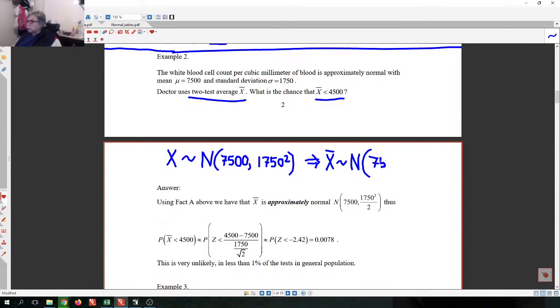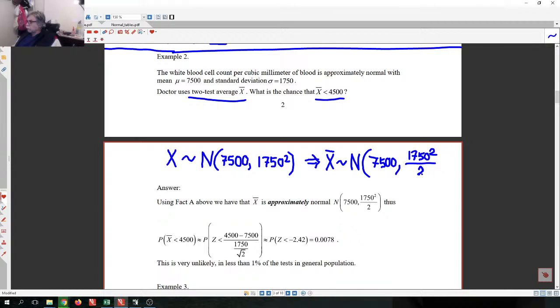The expectation of X bar and the expectation of X are the same. The variance though, so the original variance is 1750 squared, ought to be 2 times smaller now.